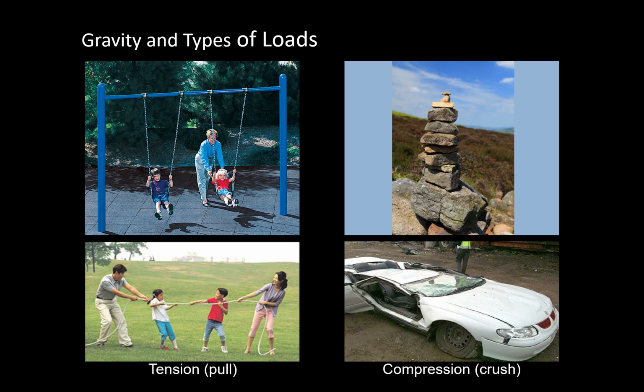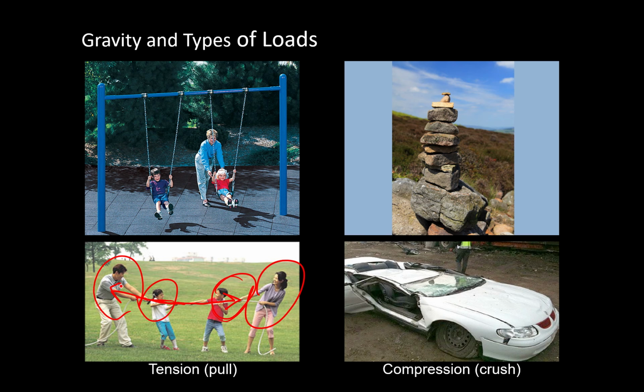So when we talk about gravity and how loads work, there's two basic different types. There's tension, which is pulling. So you can see this rope here is being pulled by these two people in that direction, and then these two people are pulling the rope in that direction.